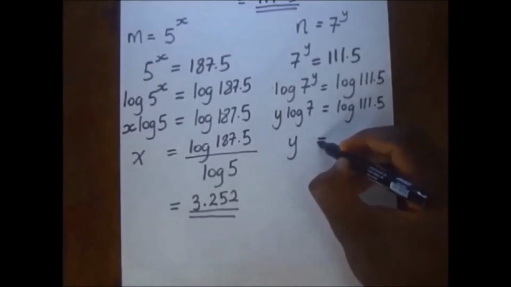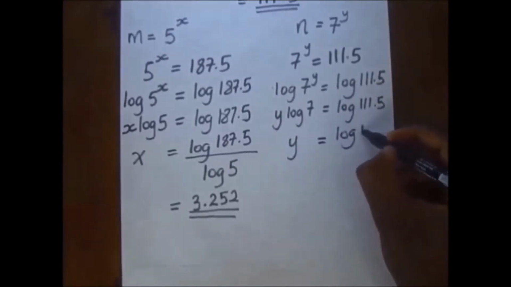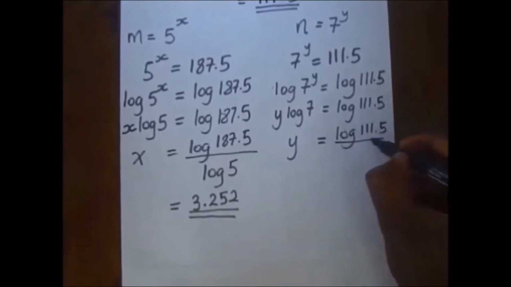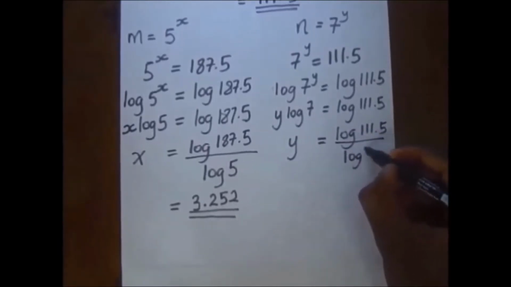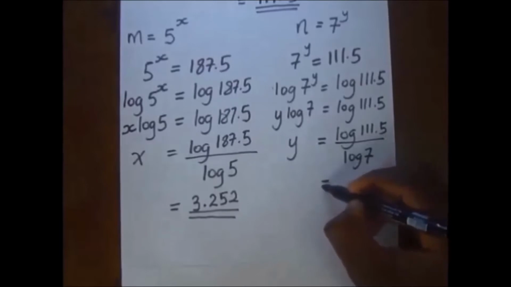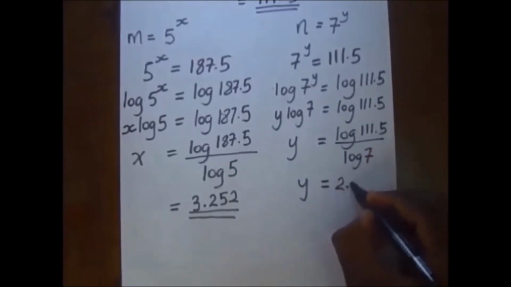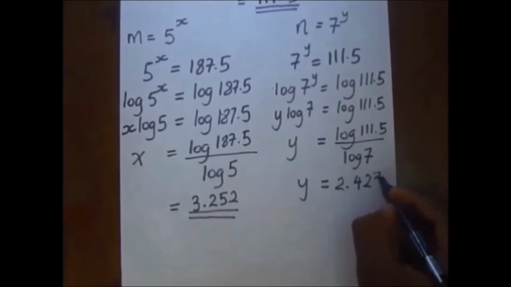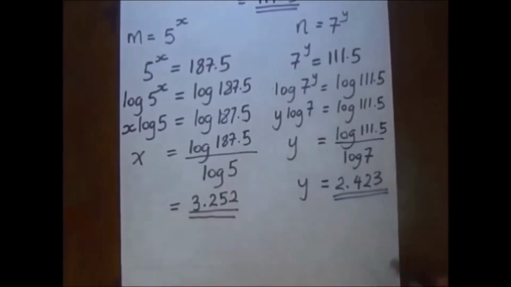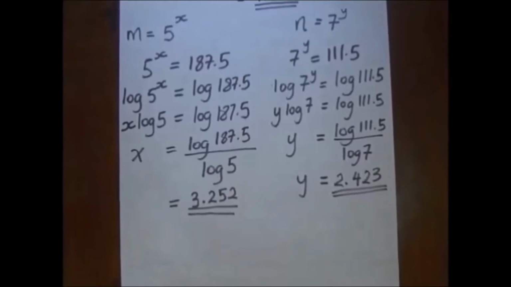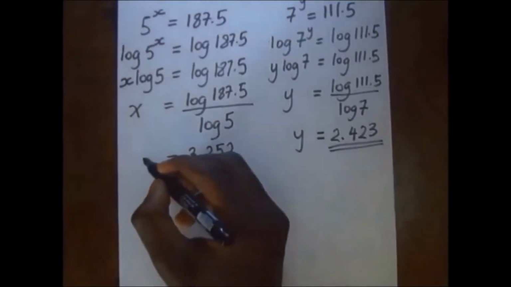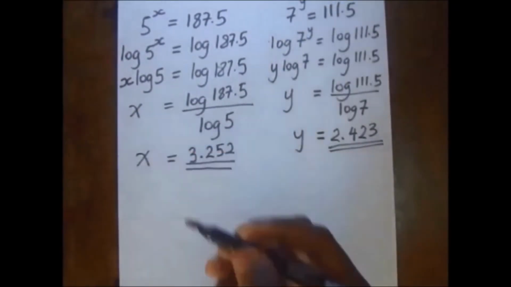So our value of y here is going to become the log of 111.5, divide that by the log of 7. So our value of y here is going to become 2.423. 2.423 now is our answer for y, and this is the value of x.